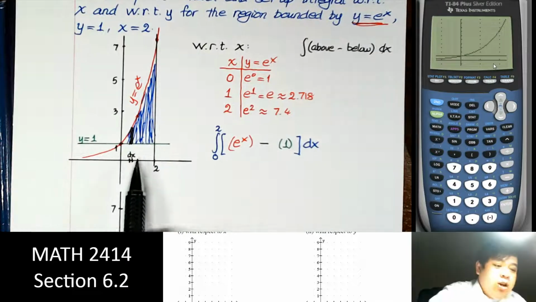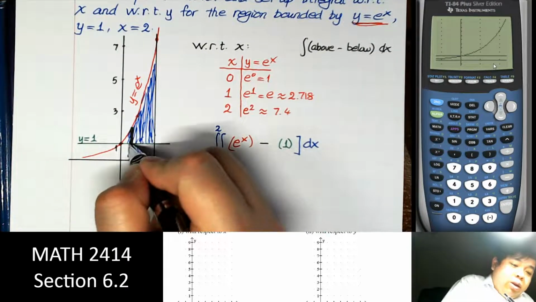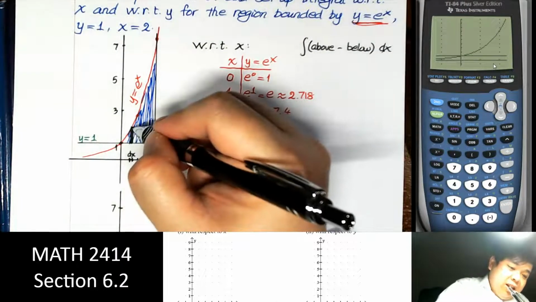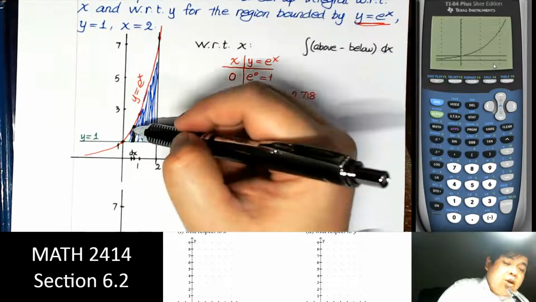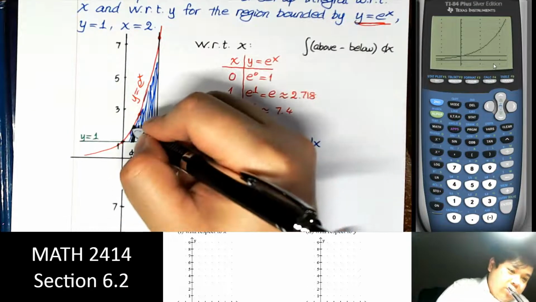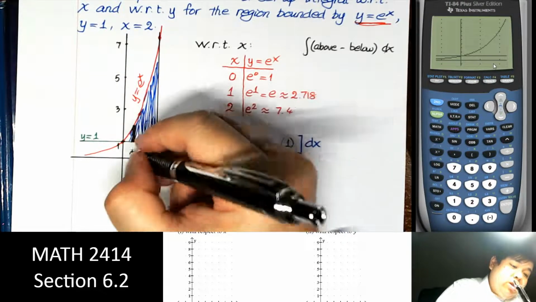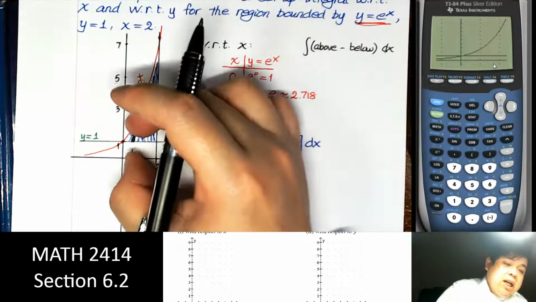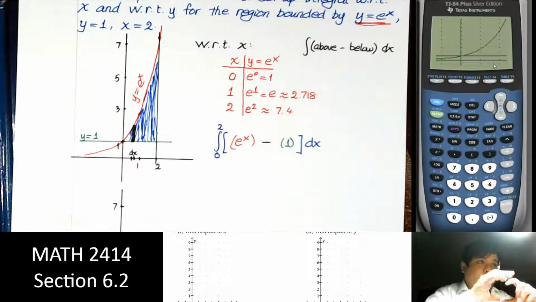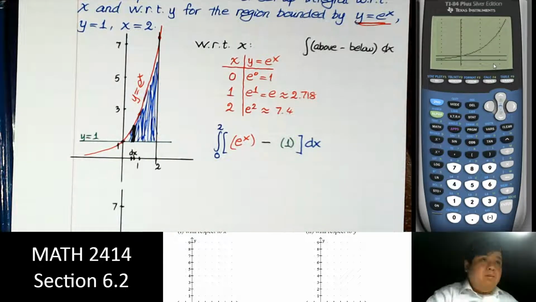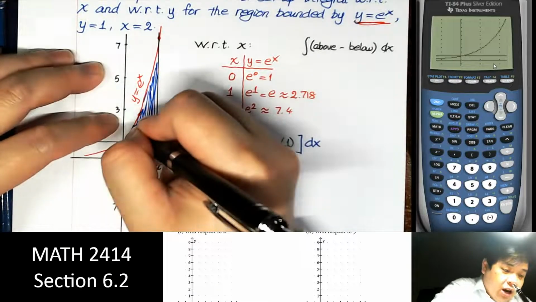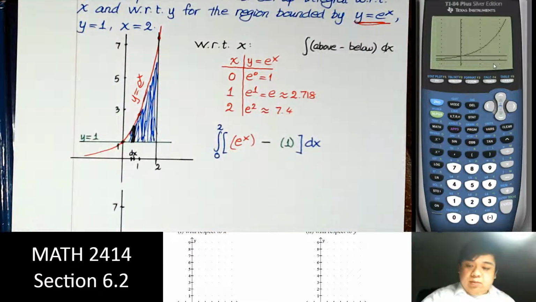And that little rectangle, the width is dx, the height is the difference of the two functions. So we need to find the area of one rectangle. Therefore, the width is dx, and the height is bounded by those two functions, the one above minus the one below, giving us the height of that rectangle.